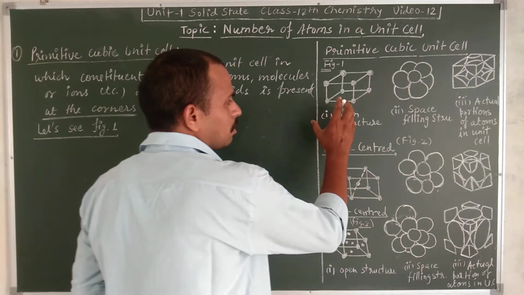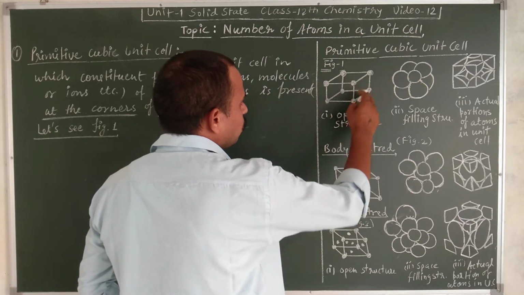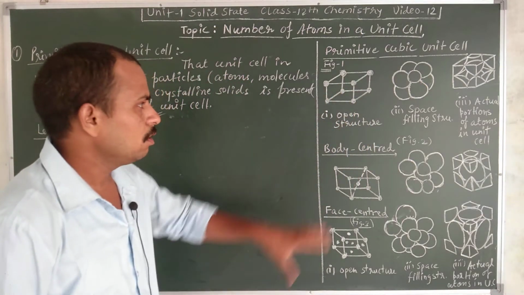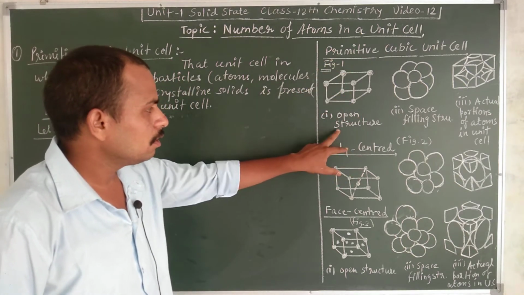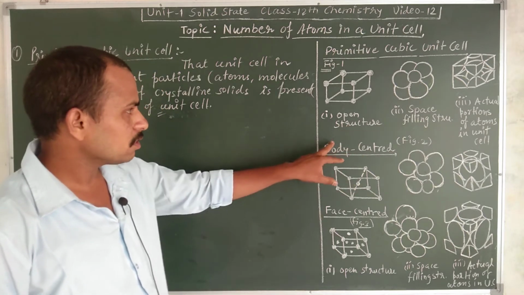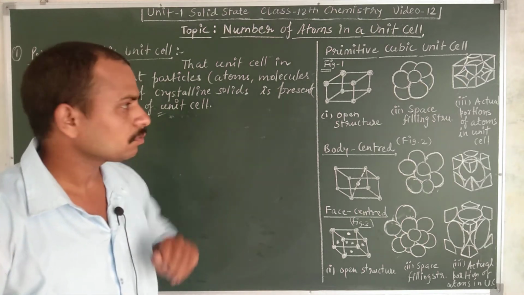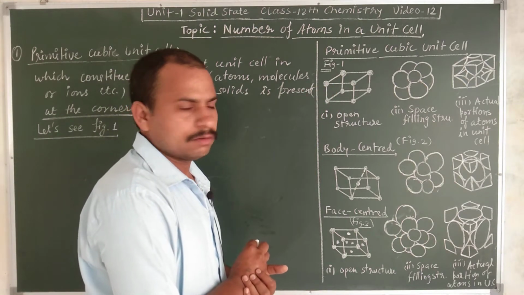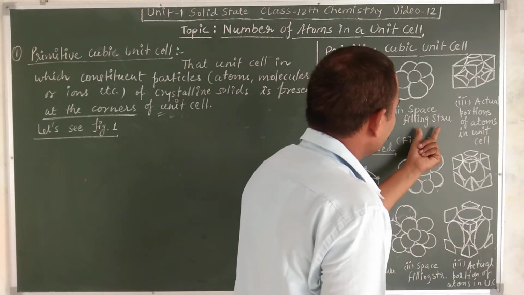So this is the open structure, and there are 1, 2, 3, 4, 5, 6, 7, 8 atoms present at the corners in the primitive unit cell. In the open structure there are 8 atoms present. Now let's move on to the space filling structure.